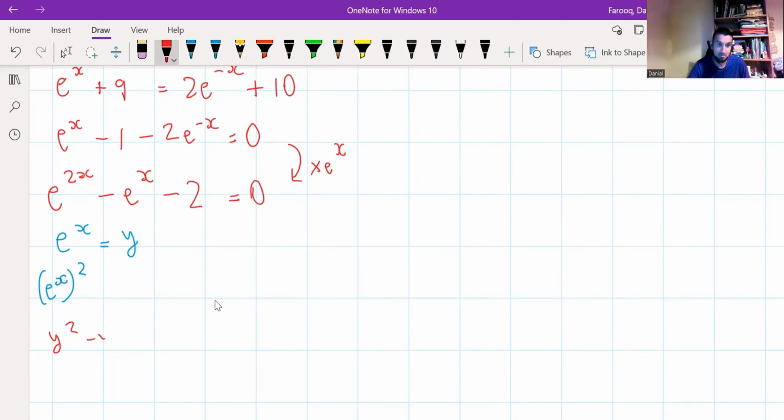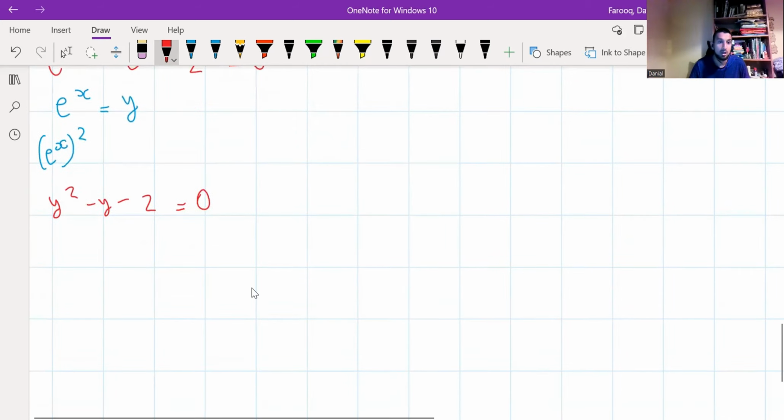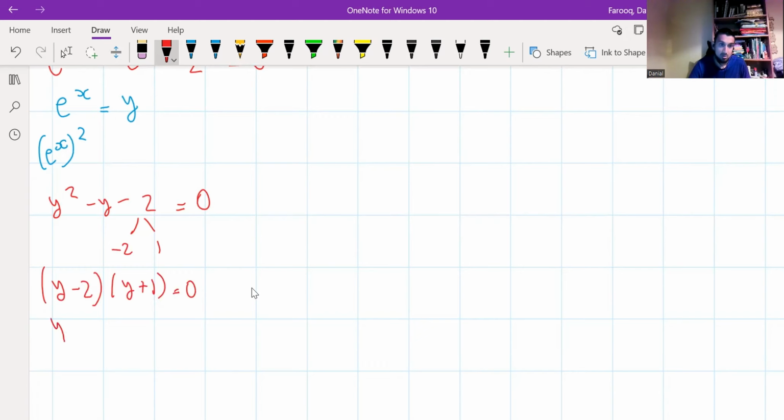That will be y squared minus y minus 2 equals to 0. This you can see two numbers that times by to make minus 2 and add to minus 1 will be minus 2 and 1. So it will be y minus 2, y plus 1 equals to 0, and y equals to 2 or minus 1.